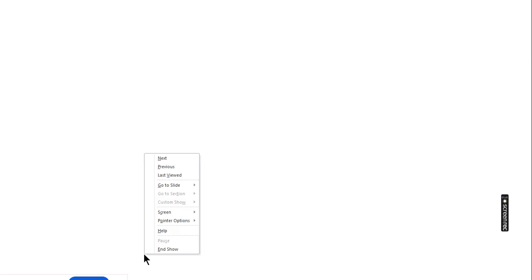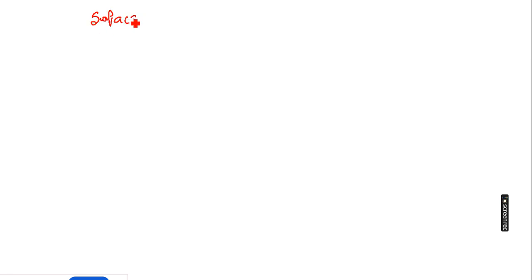I'll write it here. So at the Earth's surface, incoming is two things. One is solar radiation, which is S0 by 4 into 1 minus alpha, plus the energy that is being re-emitted by the Earth's atmosphere, which is sigma Ta raised to 4. This will be equal to sigma Ts raised to 4.